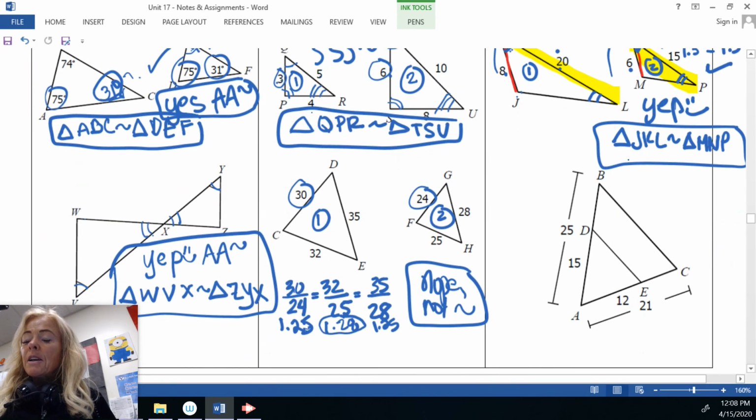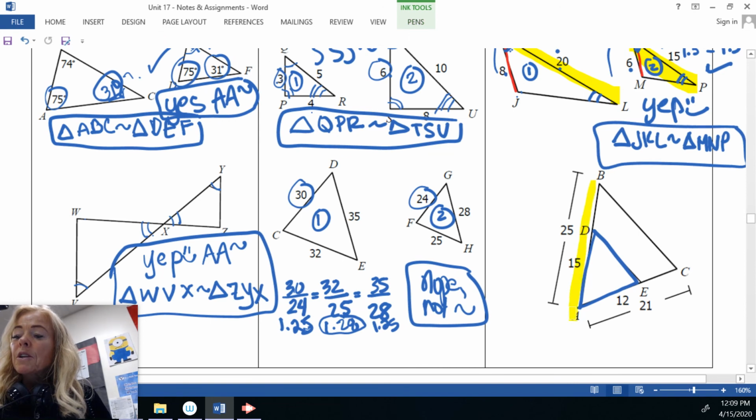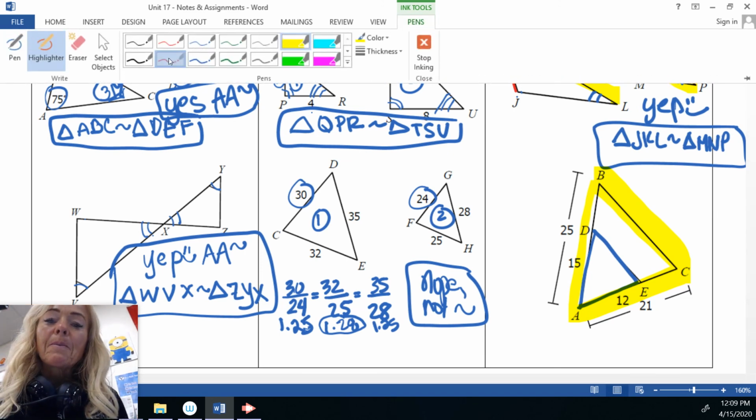All right, now the next one is a little tricky because they are overlapping. So this triangle right here is one of the triangles, and the similar triangle is this one right here. I hope that you can see those. If you can't, then it's always a good idea to rewrite them separate.